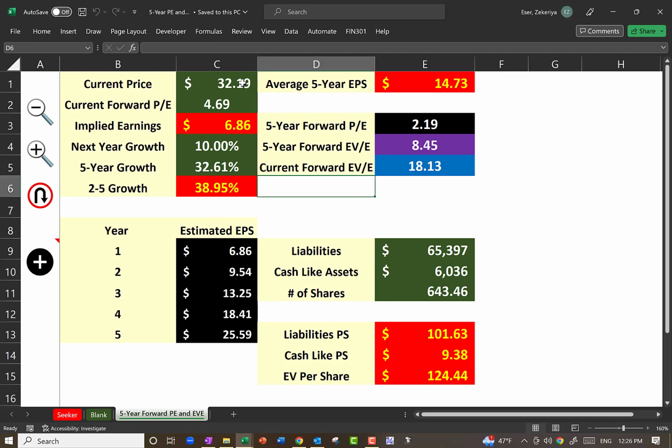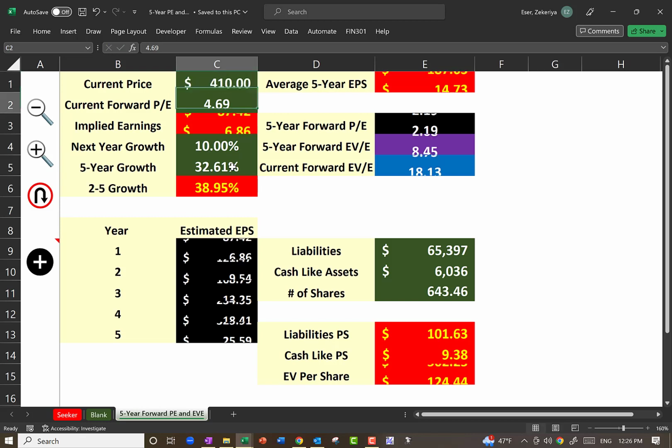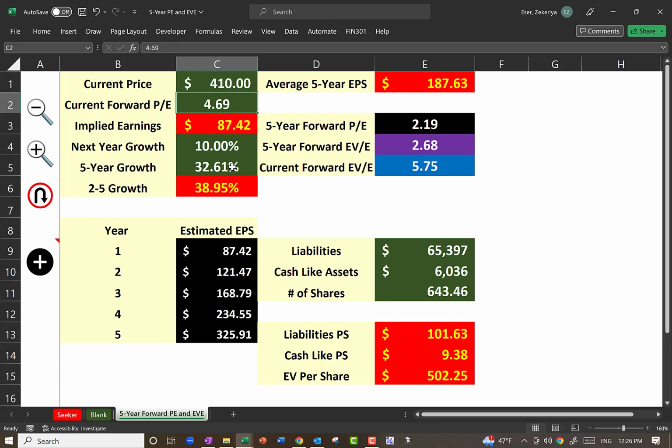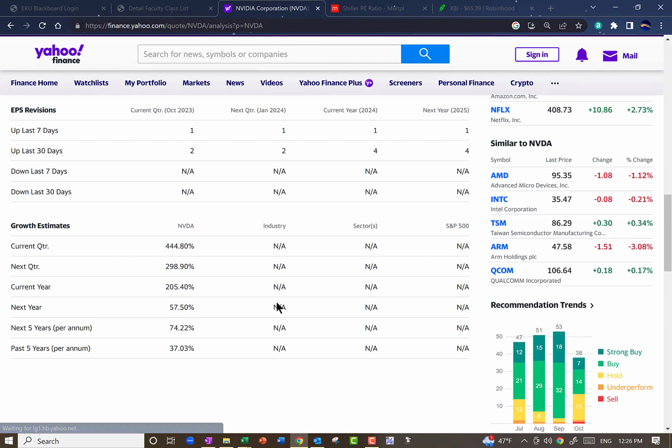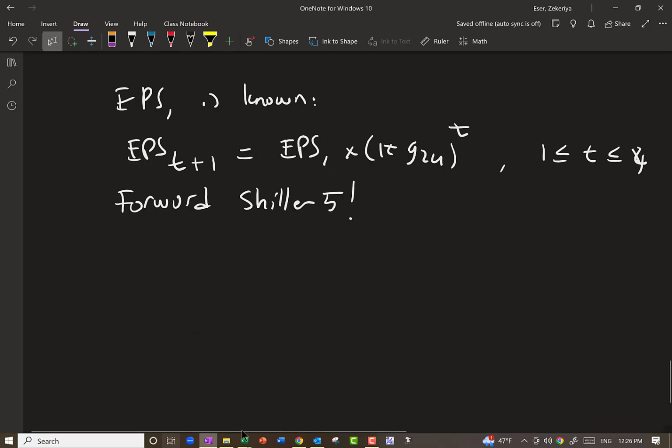The greens are inputs. For example, for NVIDIA, current price is 410, current forward PE, what was it, 24.50. That automatically calculates implied earnings. Next year's growth is 57.50 and 74.22.